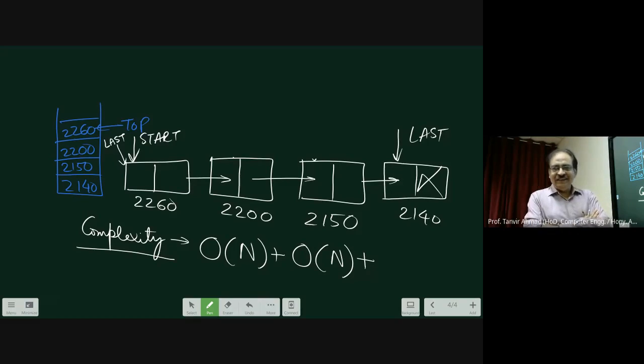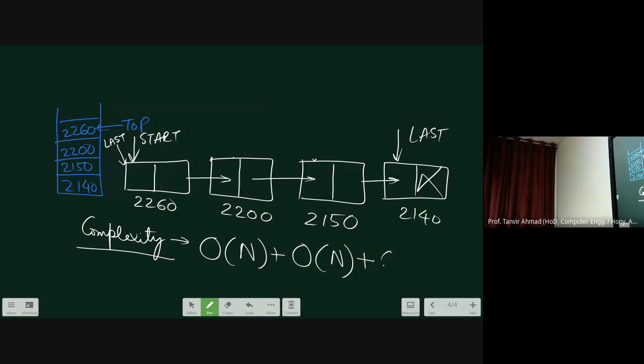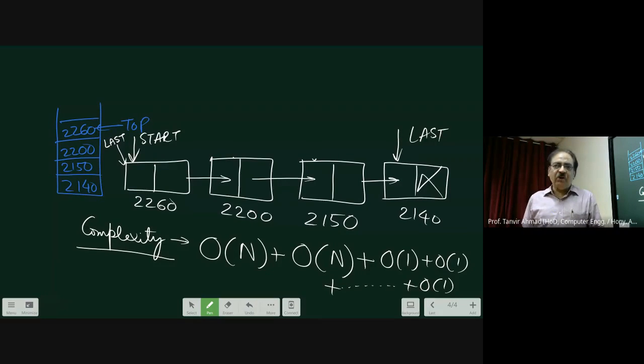O of 1 कितनी बार? ठीक बता रहे हो, O of 1 कितनी बार? जितनी लेंथ है लिस्ट की, that means it will be order of n, plus order of 1 plus order of 1. How many times? Number of times you are going to enter the elements. है ना? Therefore, actually it will be approximately order of 3n.